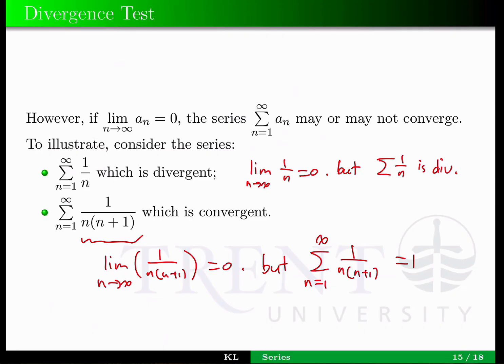So it does not mean that if the limit of the tails is equal to 0, there's a guarantee. You have to use a different method. Okay?